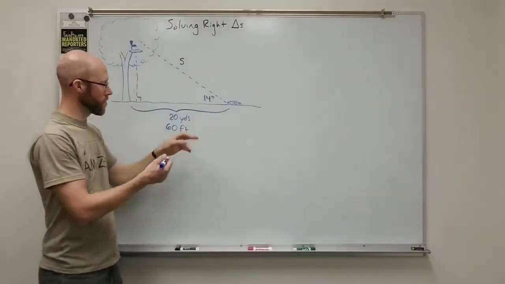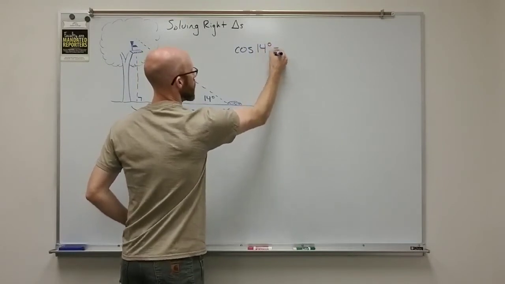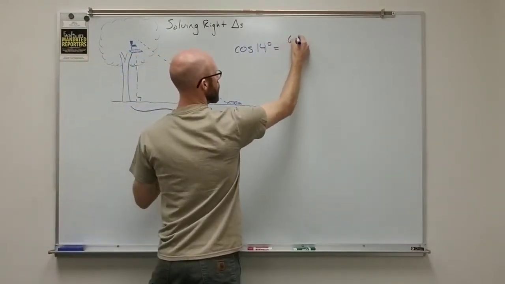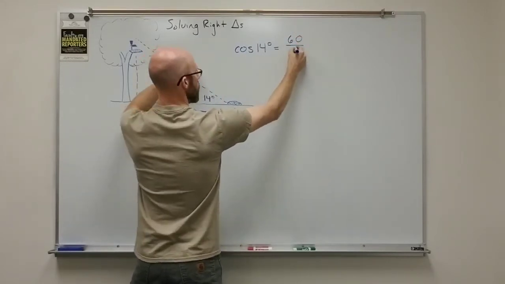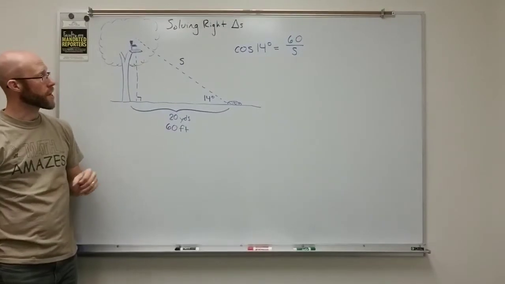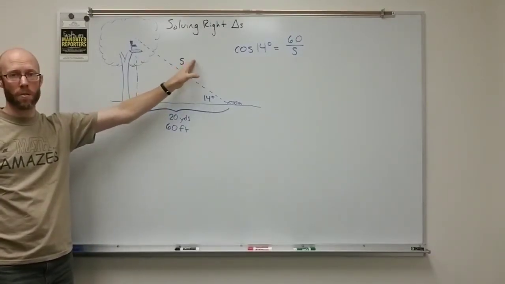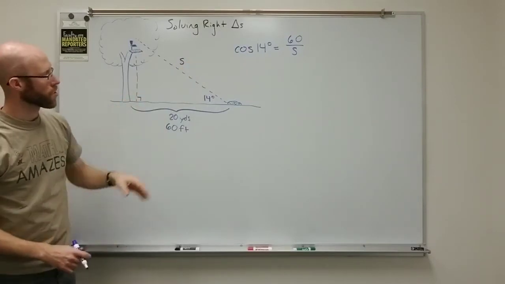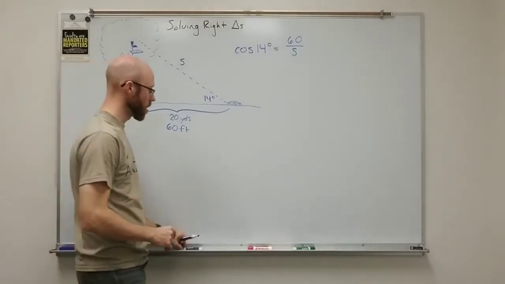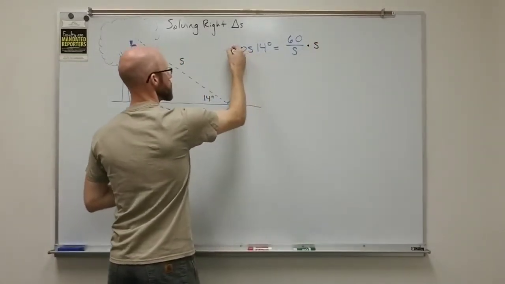The cosine of an angle is equal to the adjacent side over the hypotenuse, okay? And so that gives us a relationship that we can solve for S, solve for this hypotenuse. So I'm going to go ahead and multiply both sides by that denominator. Whenever we have a fraction in there, it's a good way to start.